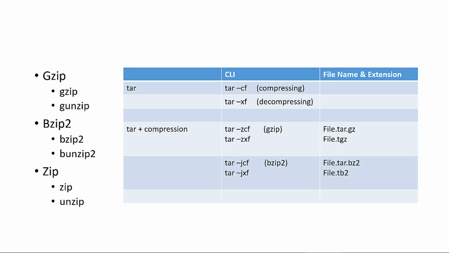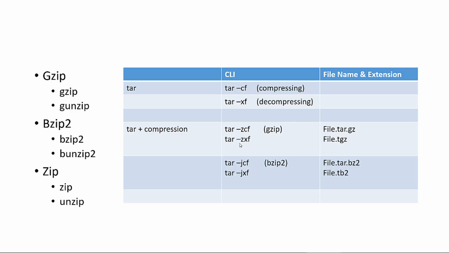So what happens if we want to do tar with some compression? Over here, you'll notice we have gzip and gunzip. This will compress it, this will decompress it. Same thing here, tar -zcf. Z will denote the appropriate algorithm. Here Z is for gzip, and it will use a tar. It will compress using gzip, C is compress, F will be the file names.